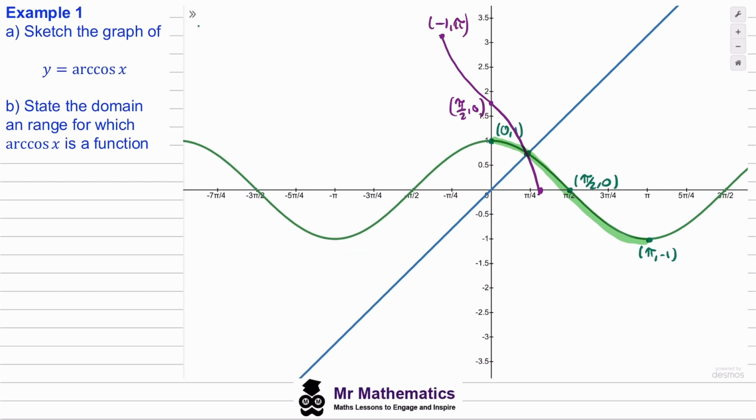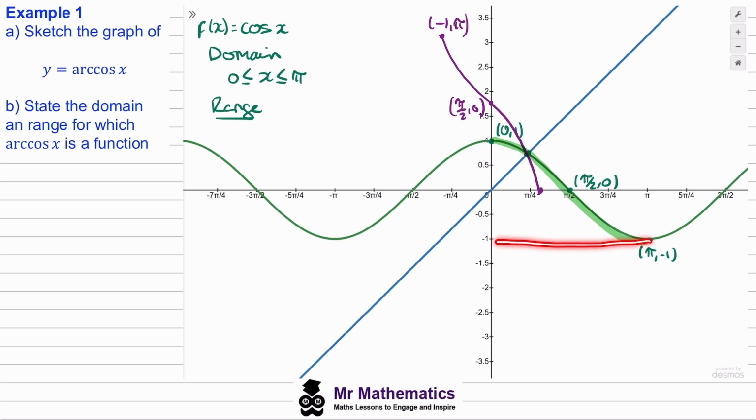So I'll remove these coordinates and this part of the curve. So if we say that f of x equals cos of x, then this has a domain between 0 and pi. So x is less than or equal to pi, but greater than or equal to 0. And the range goes from -1 to +1 within this domain.